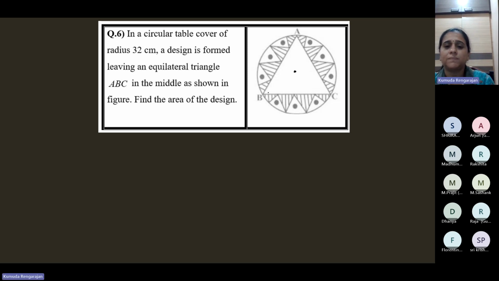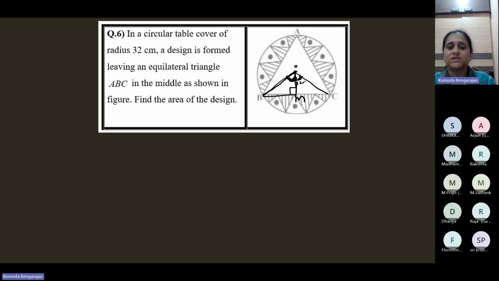I repeat this one. Join OB and OC. Equal chords subtend equal angles at the center, so this is 120 degrees. Drop a perpendicular from the center to the chord. Now the two triangles are congruent to each other, so this angle will be 60, and this will be 60. Now take this triangle.